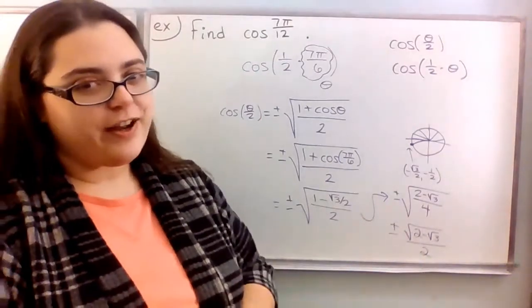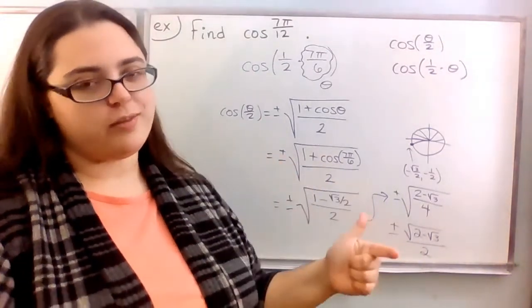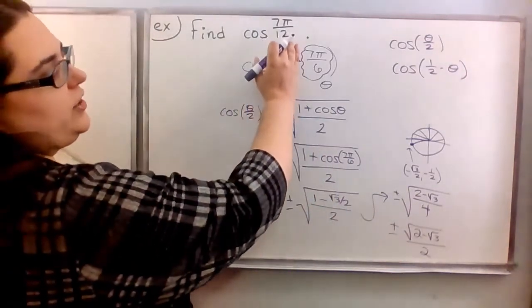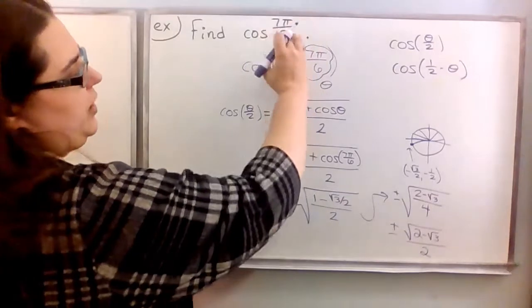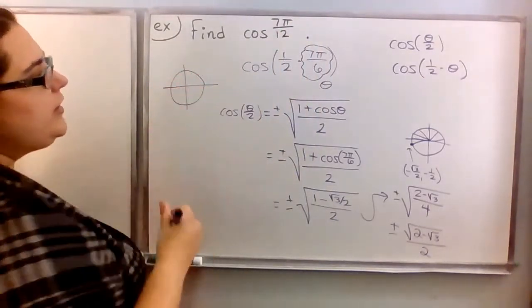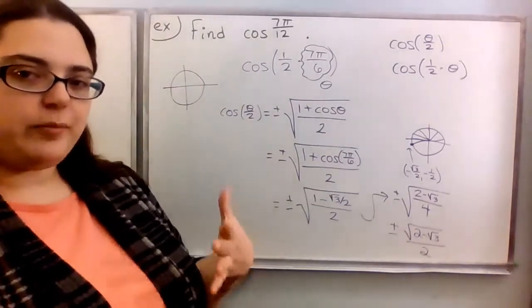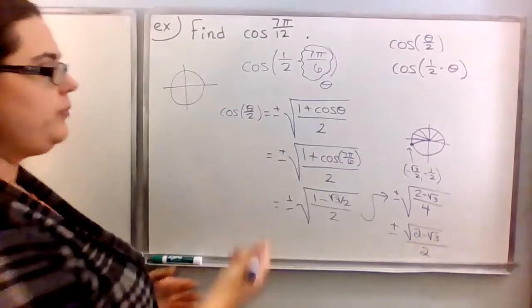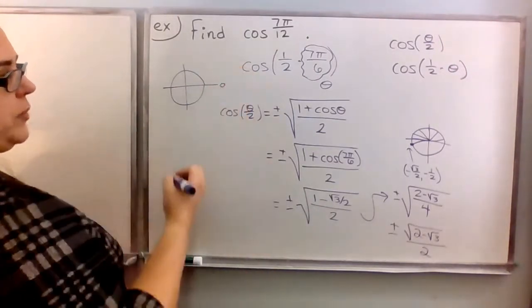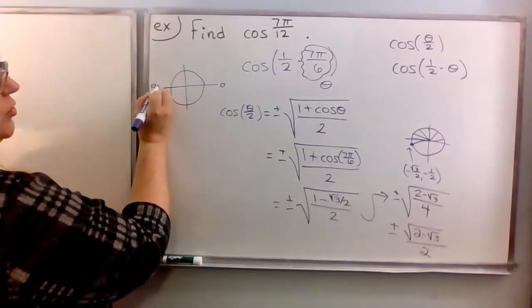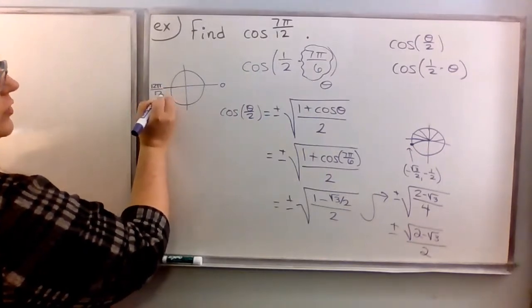What we do need to figure out though is whether we want the plus or the minus. So to figure that out, you're going to go to this angle here, 7 pi over 12. Now, when I'm thinking of dividing my unit circle up based off of pi 12ths, here's how I think about it. Here we have 0 pi over 12ths. Here we have pi, and pi is the same as 12 pi over 12.